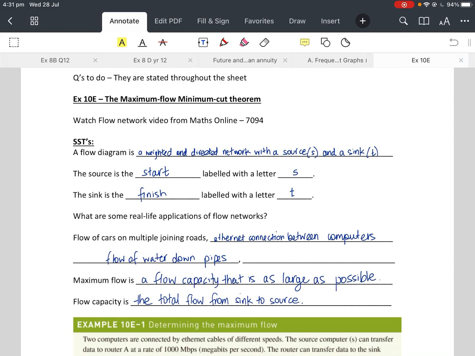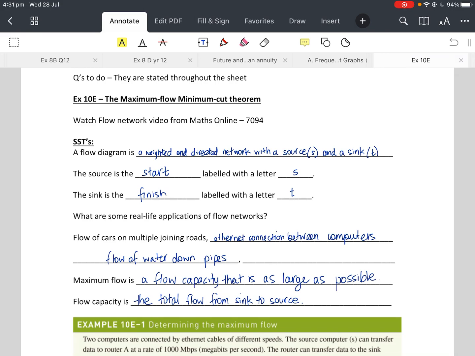So the textbook, if you have it open, says a flow diagram is a weighted and directed network with a source vertex, so that's the start, and a sink vertex, that's the finish. So that's the difference with these particular flow diagrams. The source is also always labelled an S, and a sink is always labelled a T. Unlike an activity chart, a flow diagram represents a transportation network of objects moving from the source to the sink.